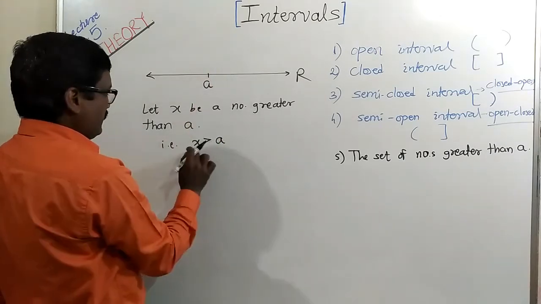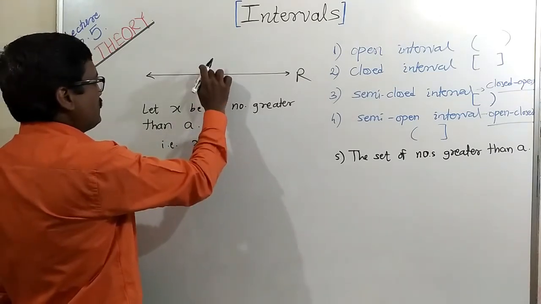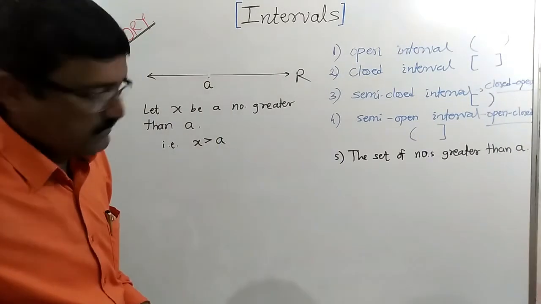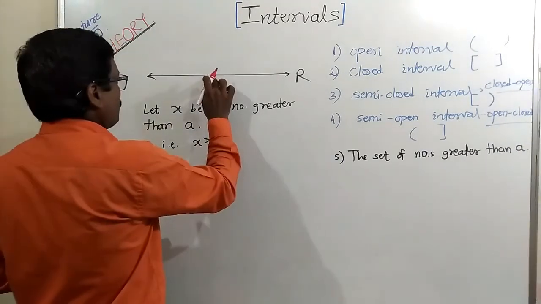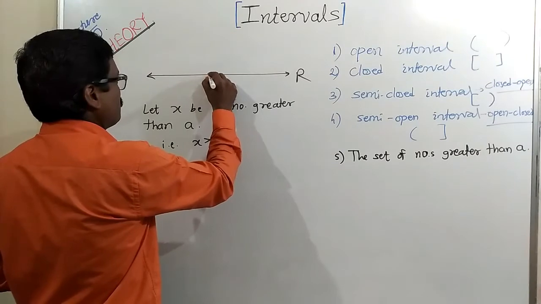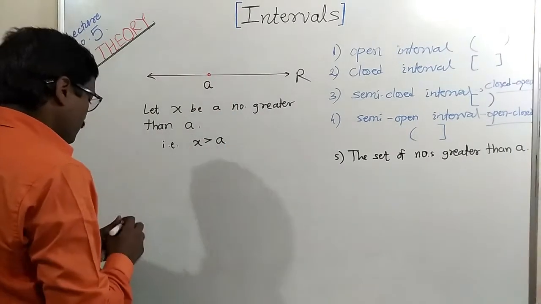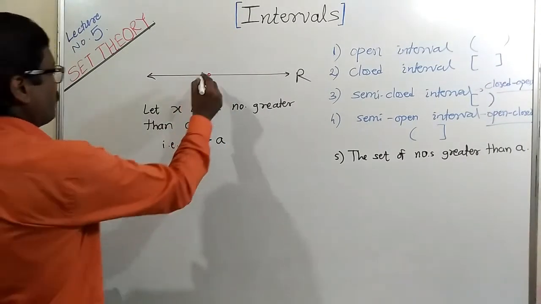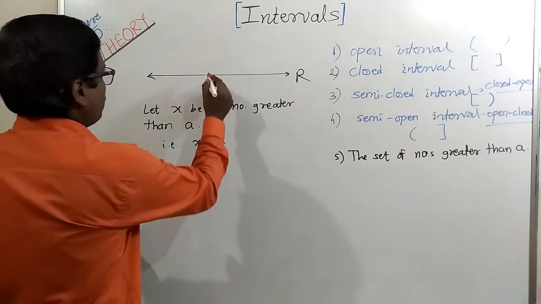So this A is not included in this interval. So we will make a hollow circle here, because A is not included in this interval, and the interval is this.